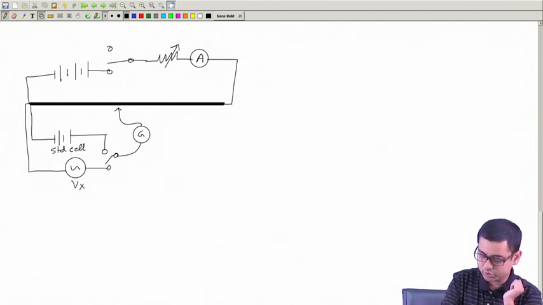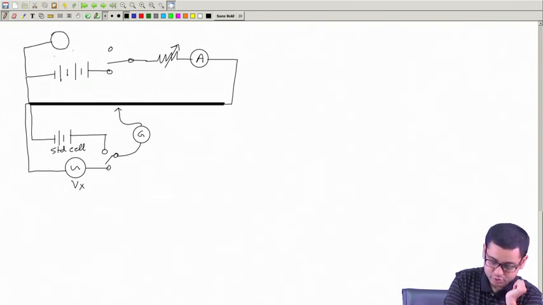This ammeter is mainly for the calibration or standardization, and this is to ensure that the RMS value of DC current during the standardization is the same as the RMS value of the AC current when we connect this to the AC source.